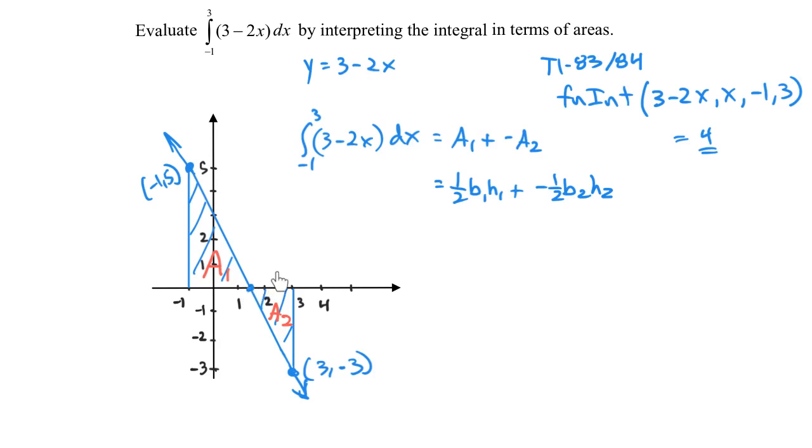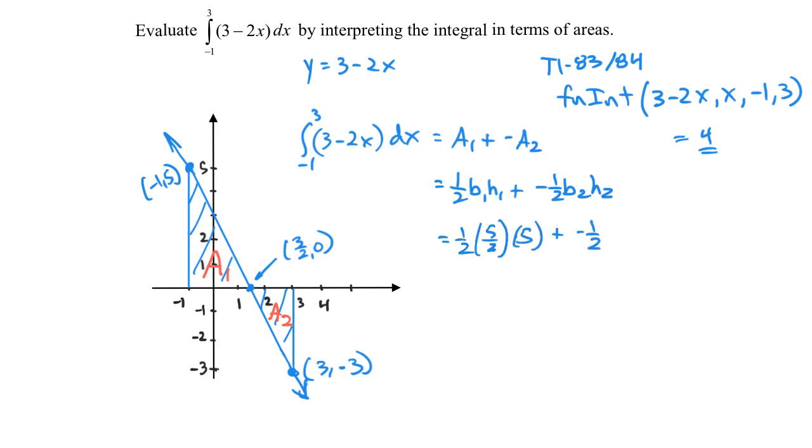So if you set 3 minus 2x equals 0, you'll figure out that x is equal to 3/2. So this point right here is the point 3/2, 0, which means that this base of this triangle is just 3/2 is 1.5 plus another 1 is 2.5 or 5/2, right? So we can figure this is 1/2 times 5/2 times 5, the height.